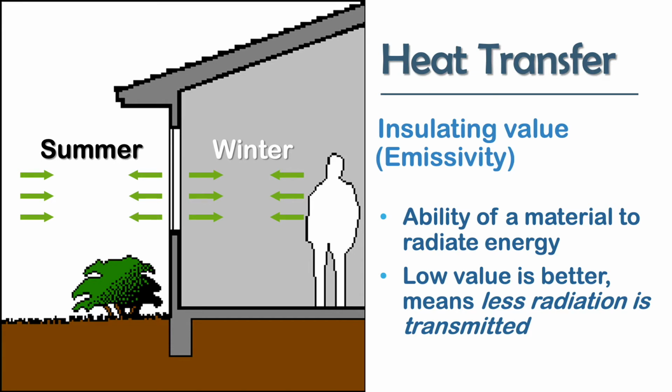When heat or light energy is absorbed by glass, it's either convected away by moving air or re-radiated by the glass surface. The ability of a material to radiate energy is called emissivity. Again, the smaller the number, the better.